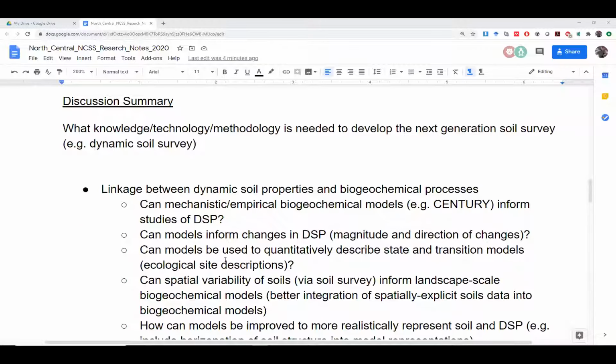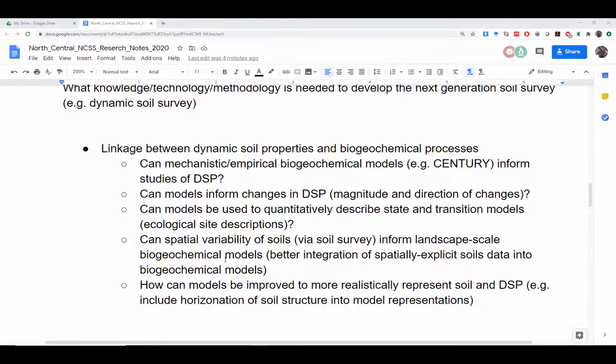So with that being said, one of the first things we discussed was trying to think about ways of linking dynamic soil properties in the current studies and interest in dynamic soil properties with the biogeochemical processes that result in those changes in dynamic soil properties.